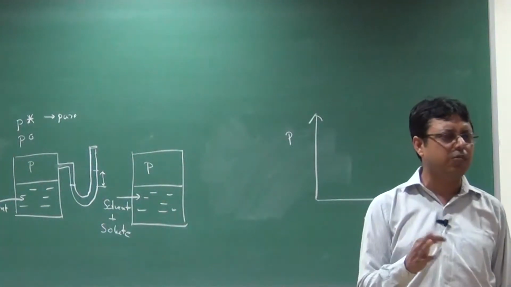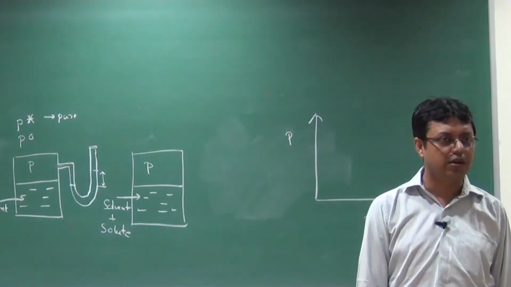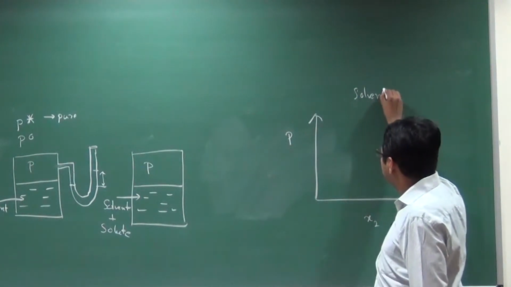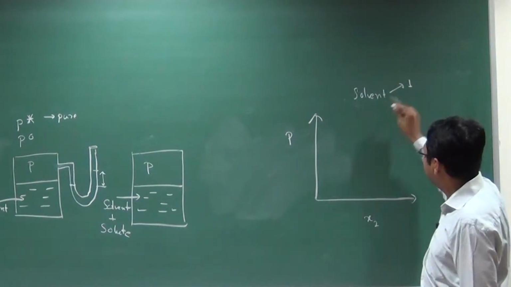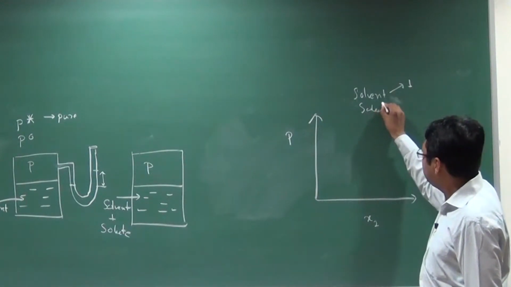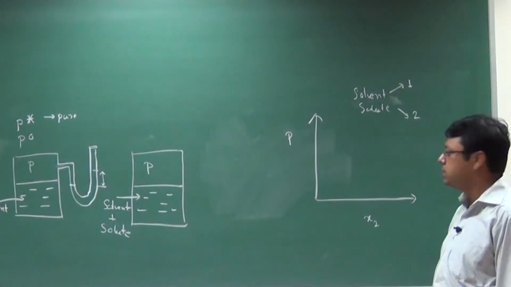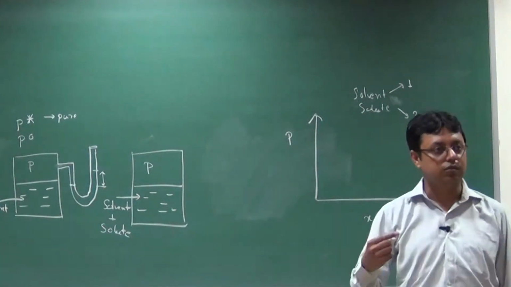We can use 1-2 notation: 1 for the solvent and 2 for the solute. So x2 denotes the mole fraction of the solute.